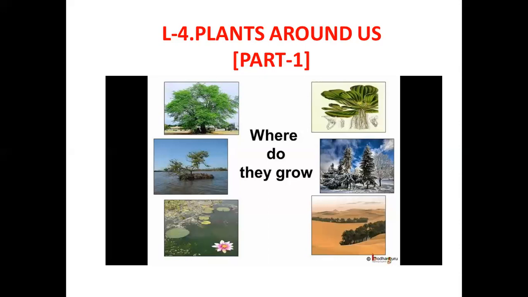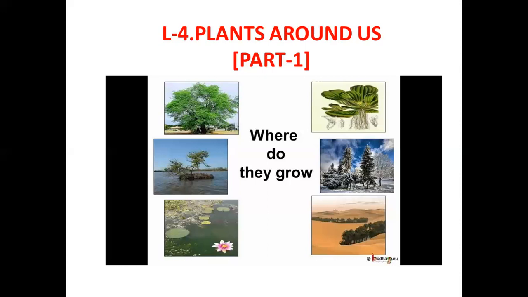See here in this picture, which trees are grown in plains, which are grown in water, which are grown in desert, which plants are grown in hills. Everything we can identify by seeing this picture.